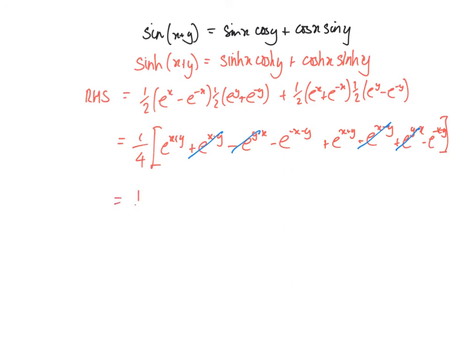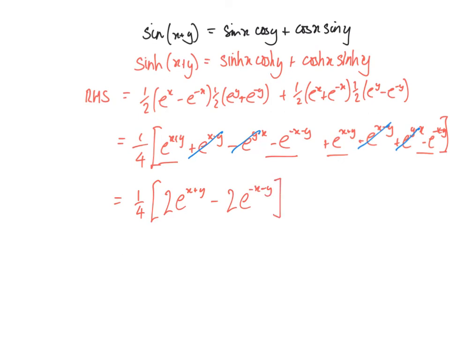So that ends up as we have an e to the x plus y and an e to the x plus y, so that's 2 e to the x plus y. I have a minus e to the minus x minus y, minus e to the minus x minus y, so that's minus 2 e to the minus x minus y.